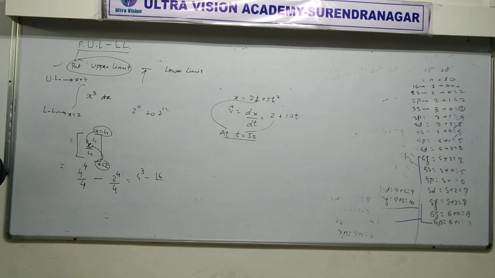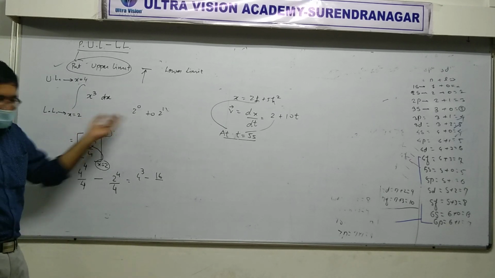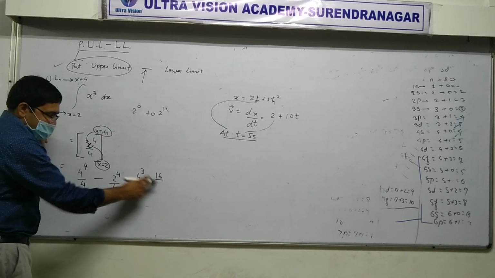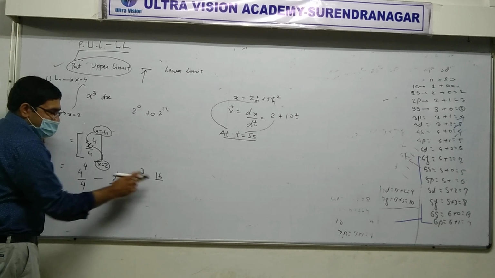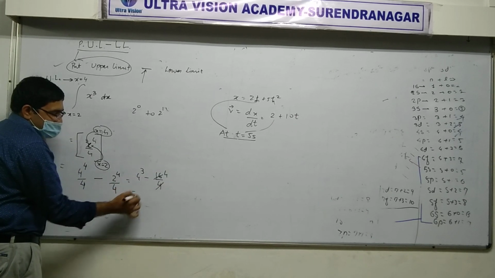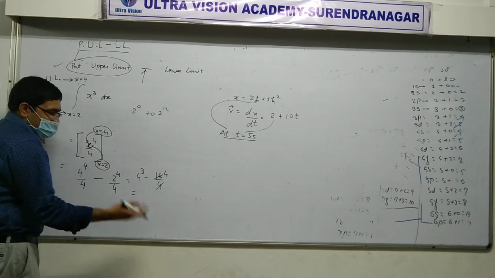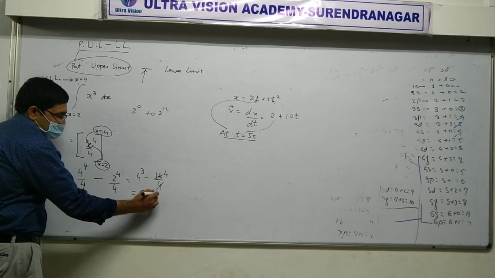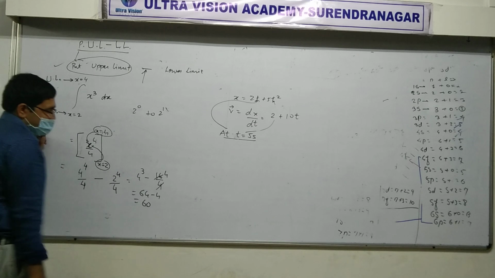Once you find them, it will be great. Just multiply by 2, 2, 2 again and again. Try to memorize these. It helps. Anyway, 2 raised to 4 is 16, divided by 4. So 4 cancels here. 4 raised to 3 is 4 cubed, 64. Minus 4. So the final answer would be 60.